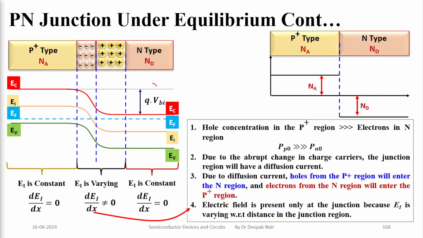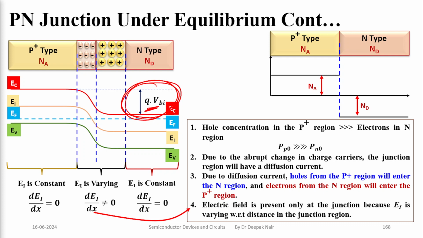And what is the amount of external potential that we have to apply to make the current flow? That will be given by q multiplied by V_BI. So V_BI is nothing but the barrier potential or the junction potential.